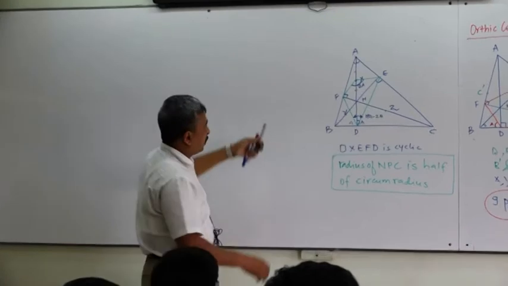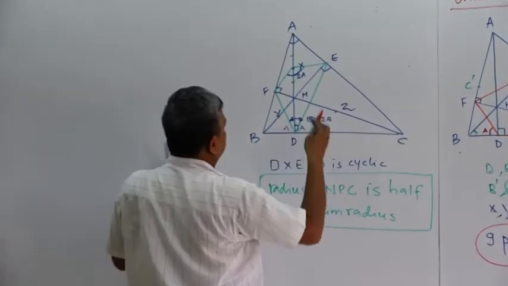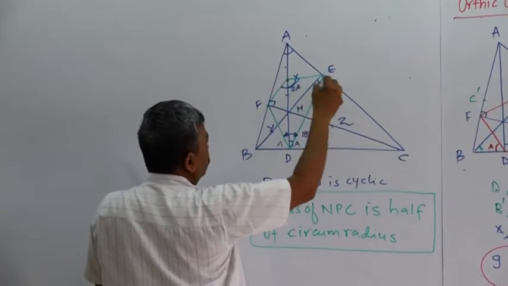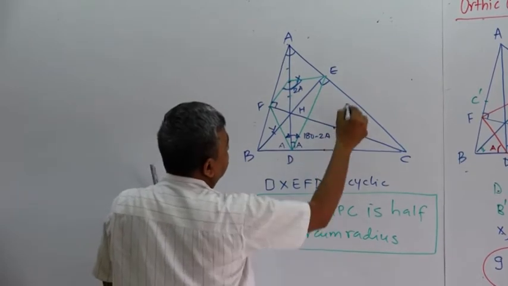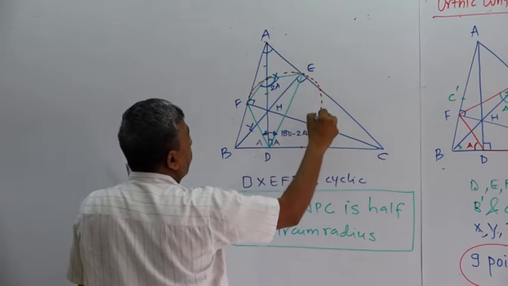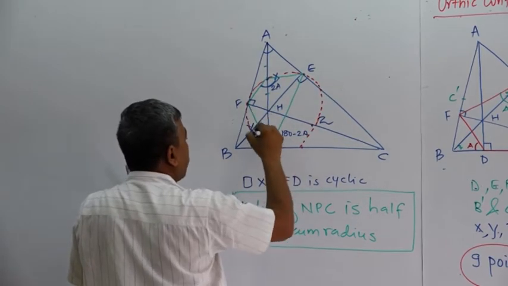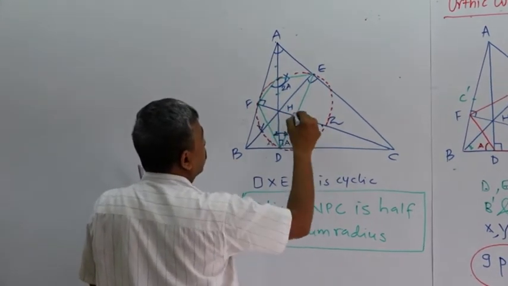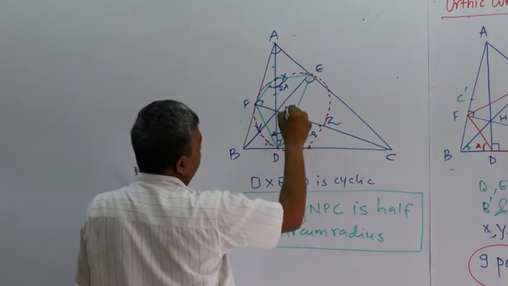Radius of 9-point circle. So if I draw a circle passing through all these special points and midpoints, there will be some center somewhere.